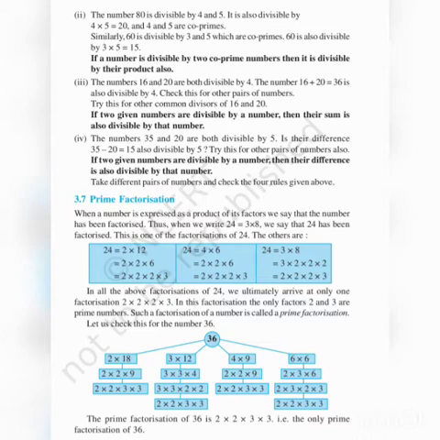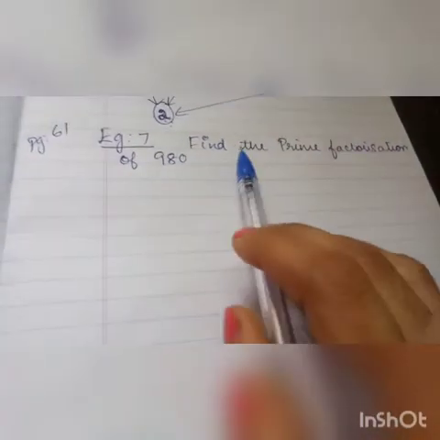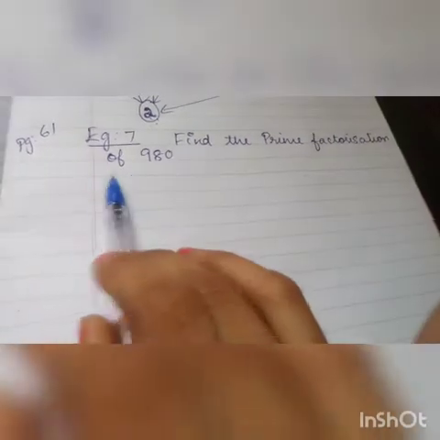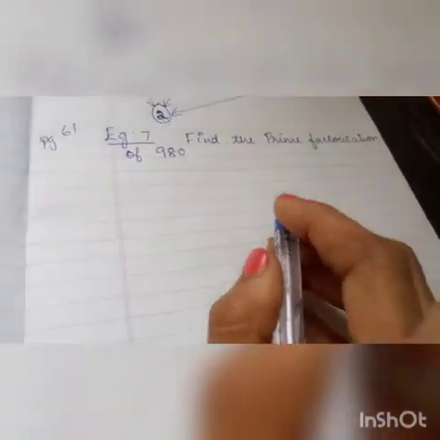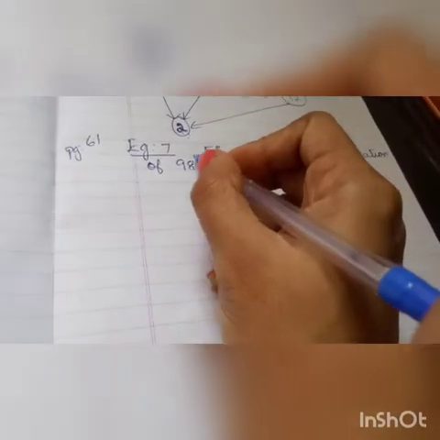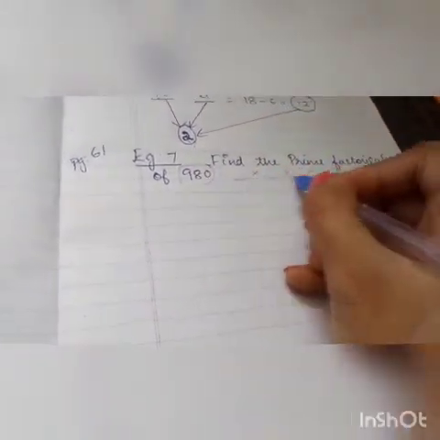You can take your page number 61. There is an example given. Based on the example, you will understand this concept. What is given in the example problem? Find the prime factorization of 980. What is meant by prime factorization? You write this number 980 as a product of prime numbers.